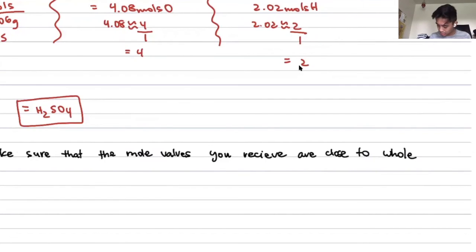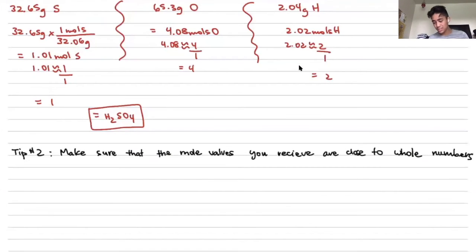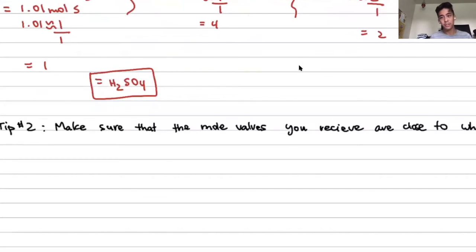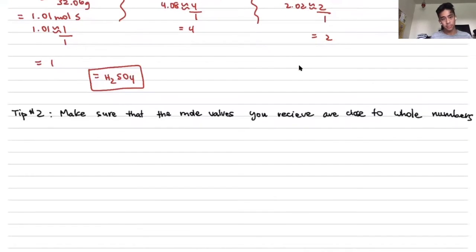Let me rewrite that. And how do you know if it's close to a whole number? Again, you have to make sure that to the right of the decimal point, there's a 0 there. Usually you're safe to assume that that's close to the whole number you're looking for. Okay? Cool. So look out for that because professors love giving you non-whole number ratios.